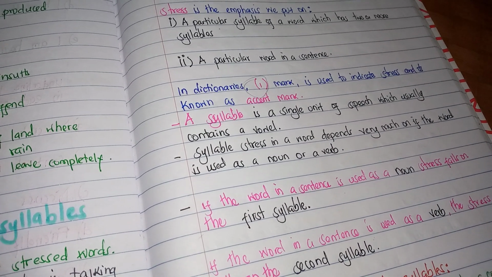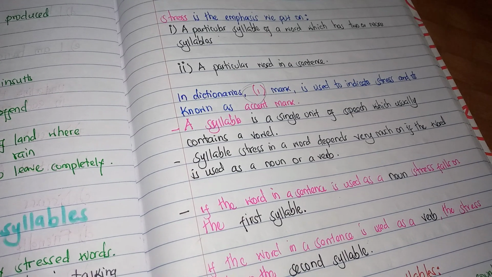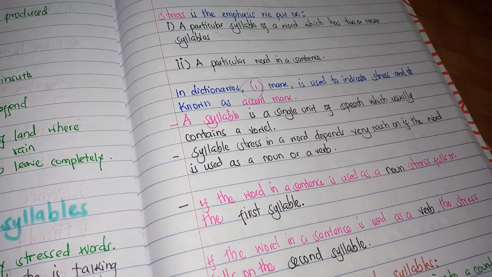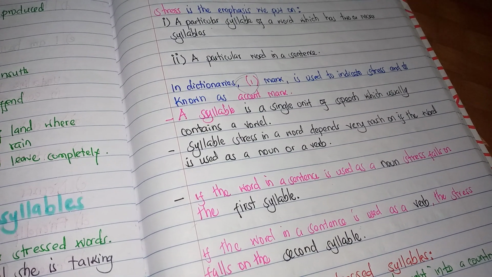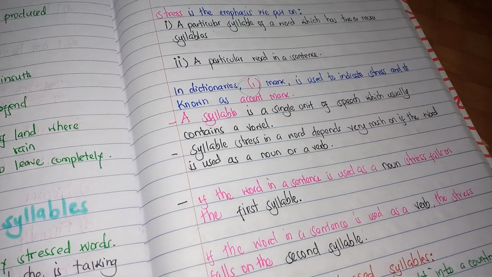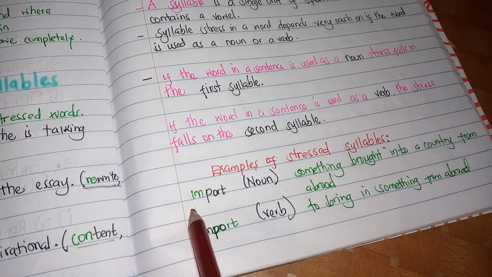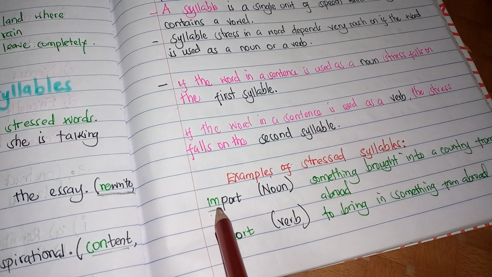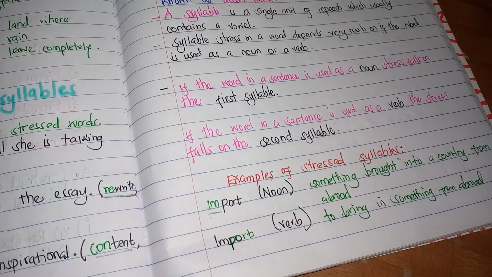Syllable stress in a word depends very much on if the word is used as a noun or a verb. If the word in a sentence is used as a noun, then stress falls on the first syllable. For example, in this word, stress is falling on the first syllable because it is a noun.